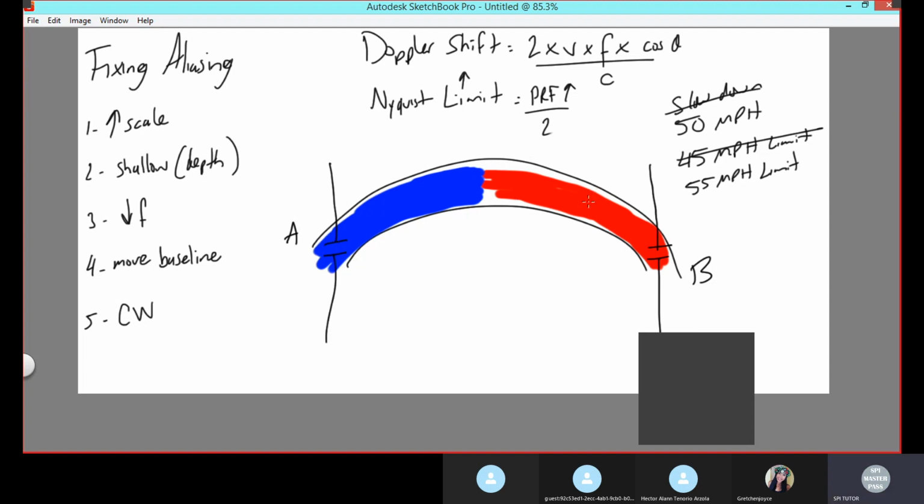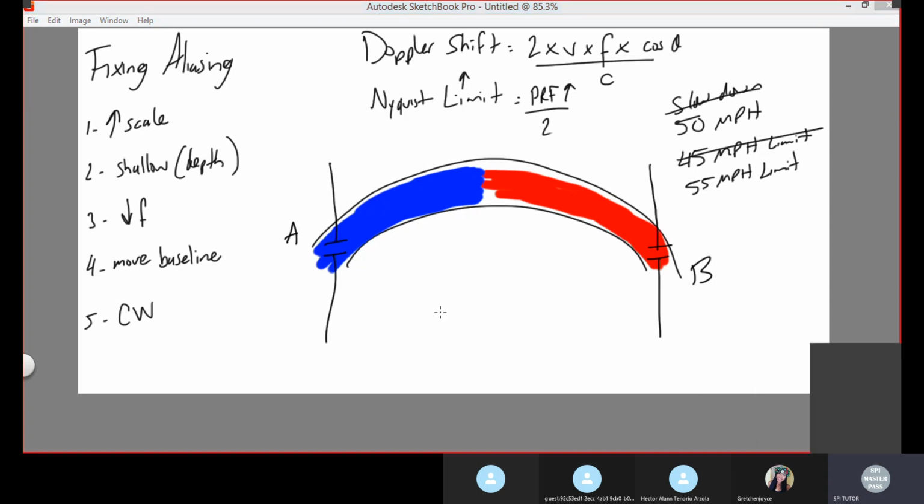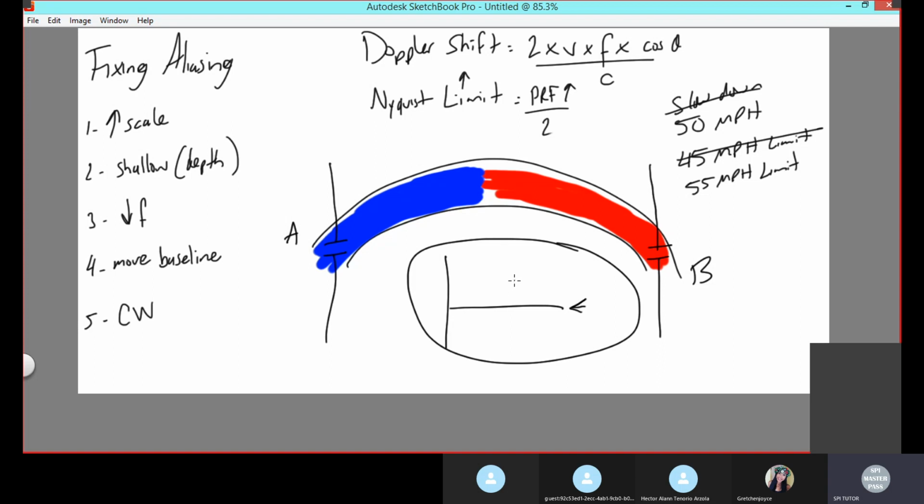Okay. Moving the baseline. So moving the baseline is when you have your spectral display that looks like this. And this guy is your baseline. Okay. This space for your spectral display right here, this space is shared by the top and the bottom of the baseline. Okay, it is shared.